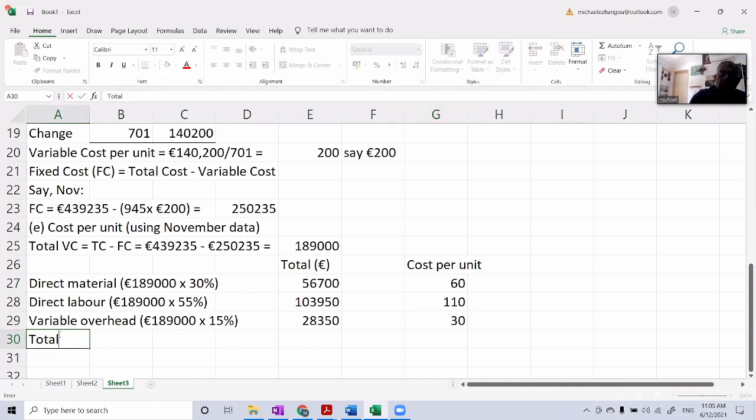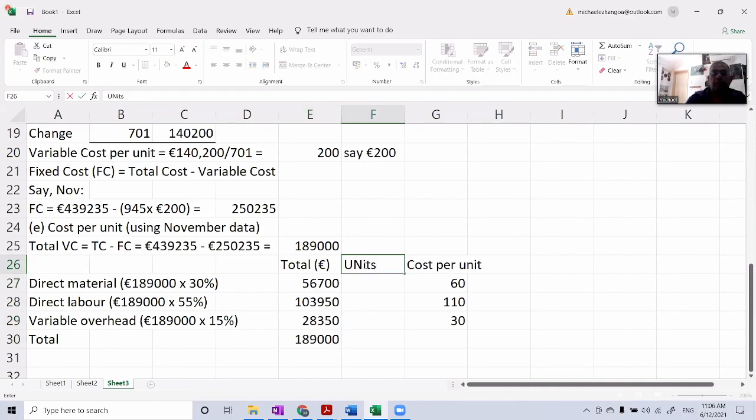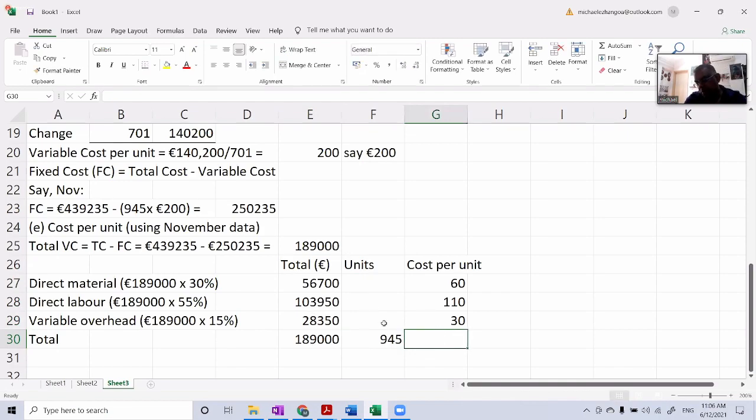We can analyze the total as well. If you add this up, you must get 189,000 over 945 units. Two ways again: you take 189,000 divided by 945, or you add up everything. You should come back to 200, the figure we calculated above.